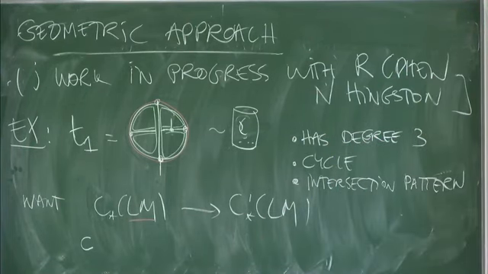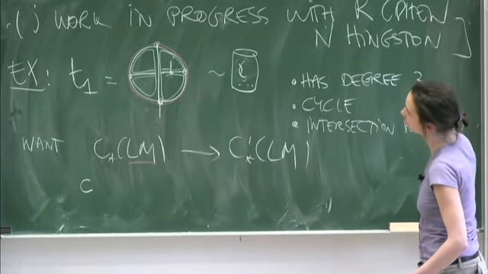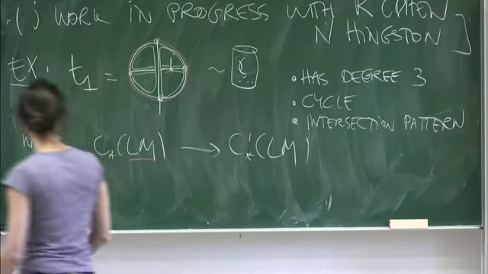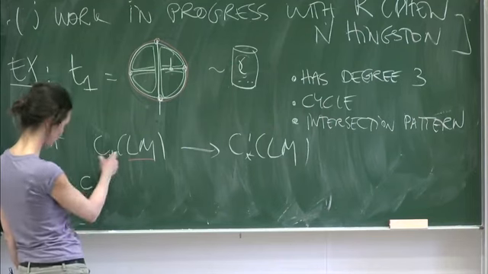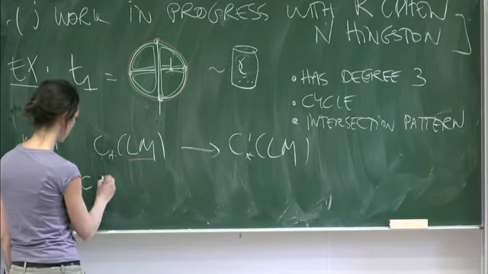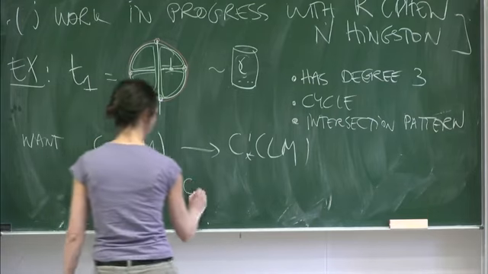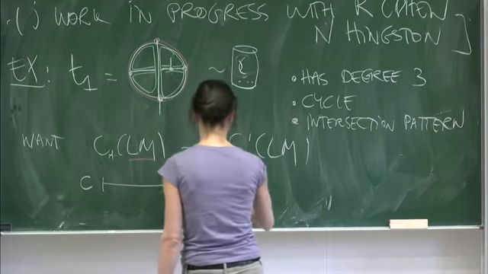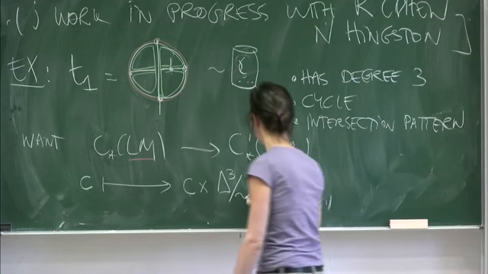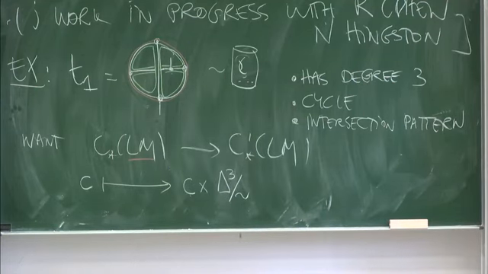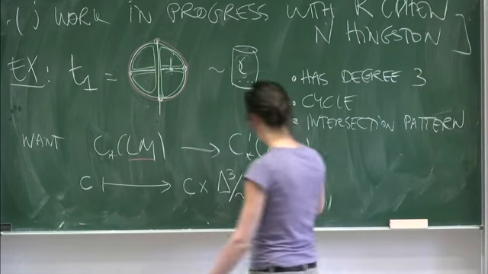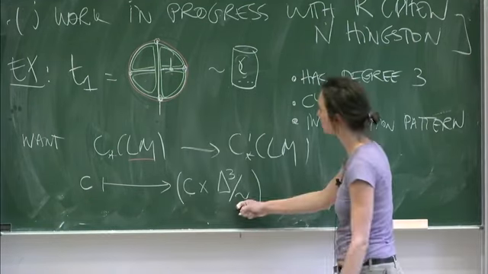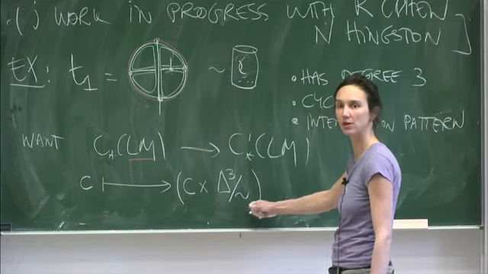And what the operation is going to do is take a class, so a chain here in the loop space, and first cross it with a copy of the 3-simplex, which I'll then fold on itself in a particular manner. I'll show you the 3-simplex in a second.